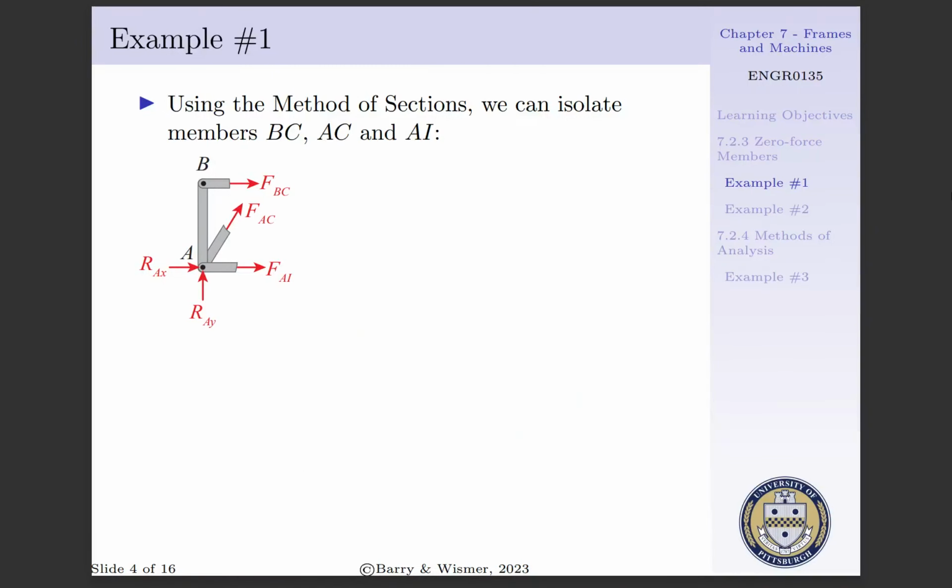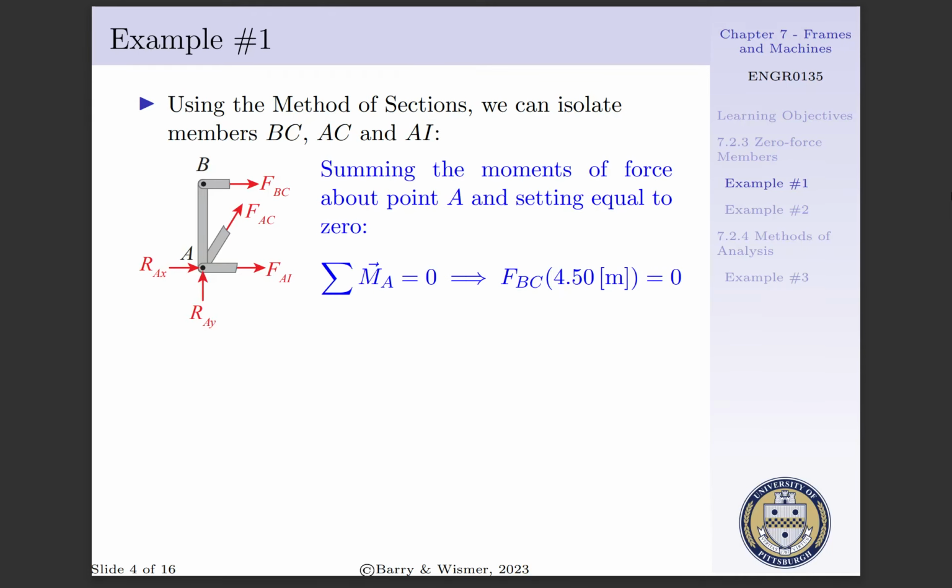We can prove that members AB and BC are zero-force members. What we will first do is use the method of sections and isolate members BC, AC, and AI. In doing such, we can cast our equilibrium equations. Specifically, we are going to sum the moments of force about point A and set the summation equal to 0.